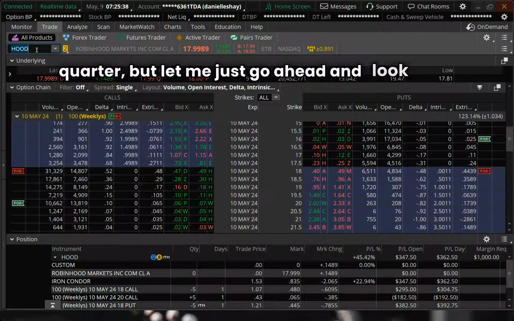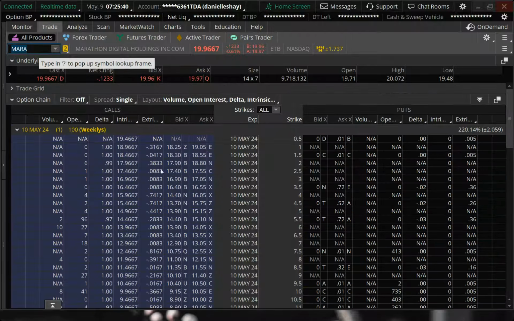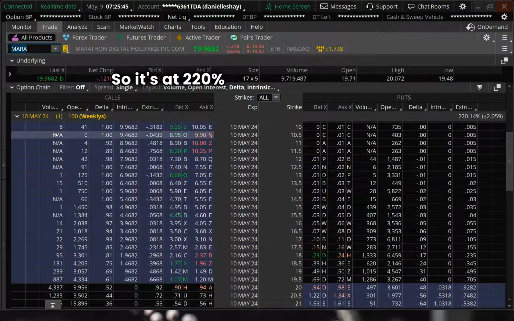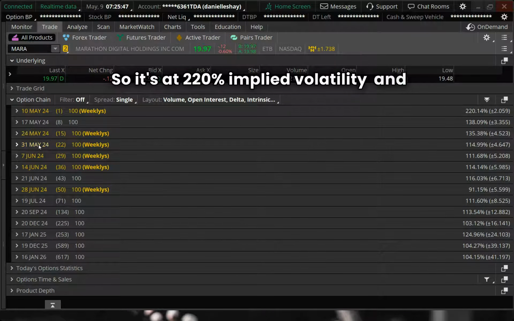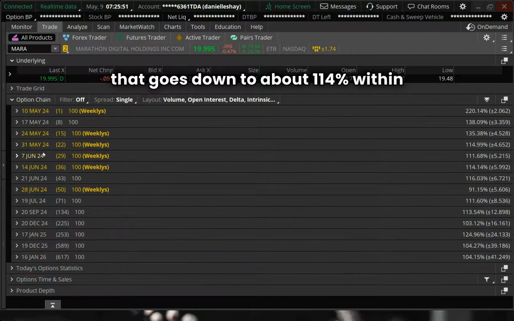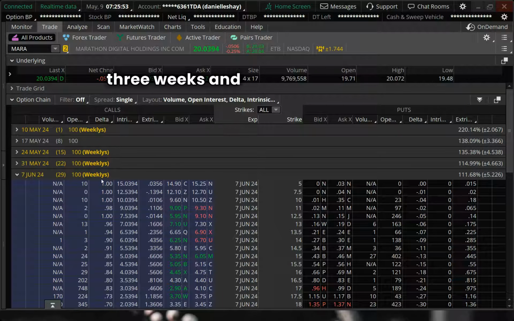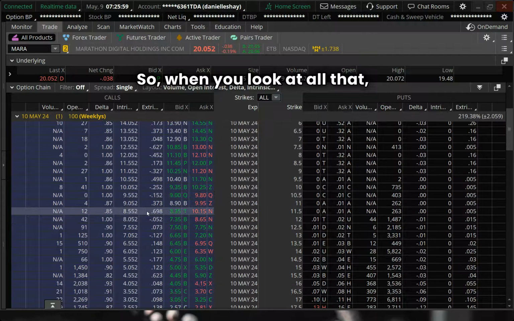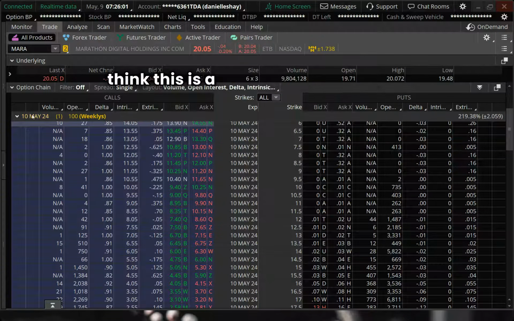But let me just go ahead and look at this one. So it's at 220% implied volatility, and that goes down to about 114% within 3 weeks and 111% within a month. So when you look at all that, I think this is a pretty good candidate.